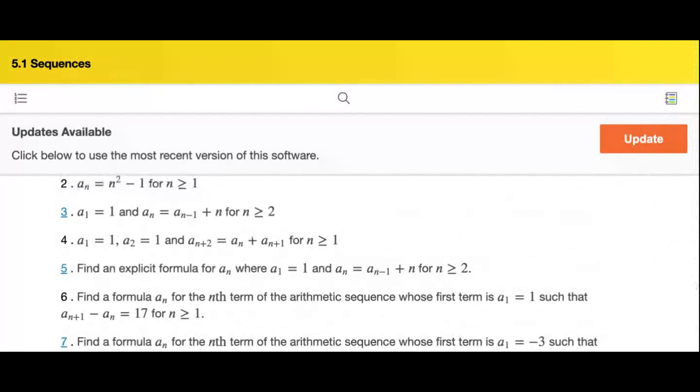Okay, find an explicit formula for an when a1 equals 1 and an equals the previous one plus n. Okay, let's go to the whiteboard. Let's try to figure out this together.